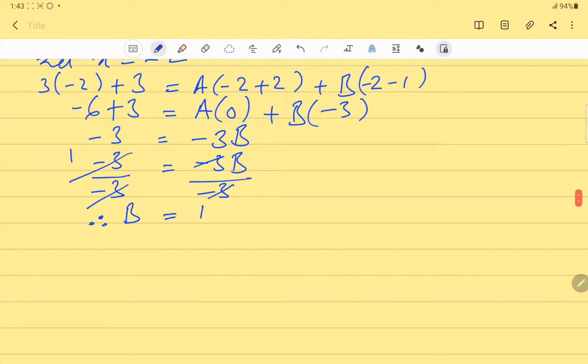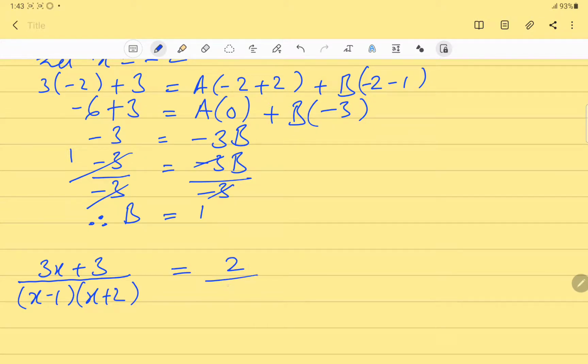Now we can write the partial fractions. 3x plus 3 over x minus 1 into x plus 2 is equal to 2 over x minus 1 plus 1 over x plus 2, which is the answer of this question.